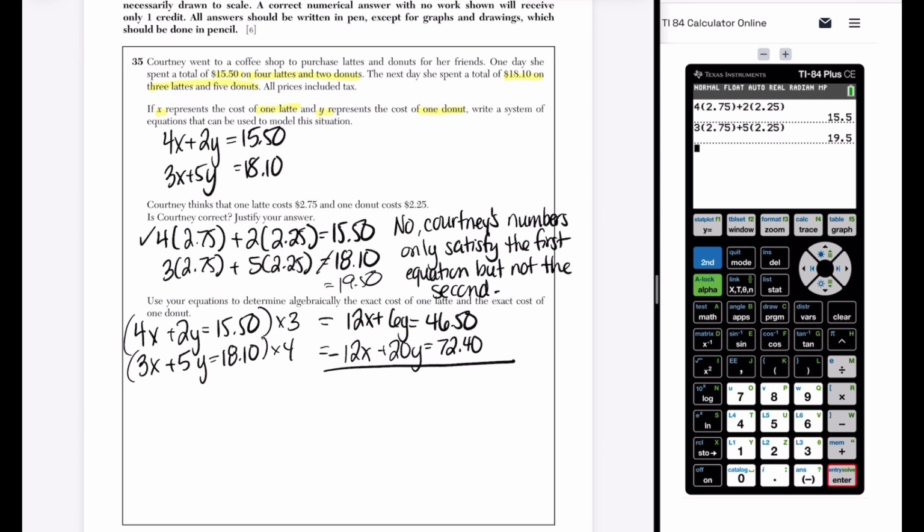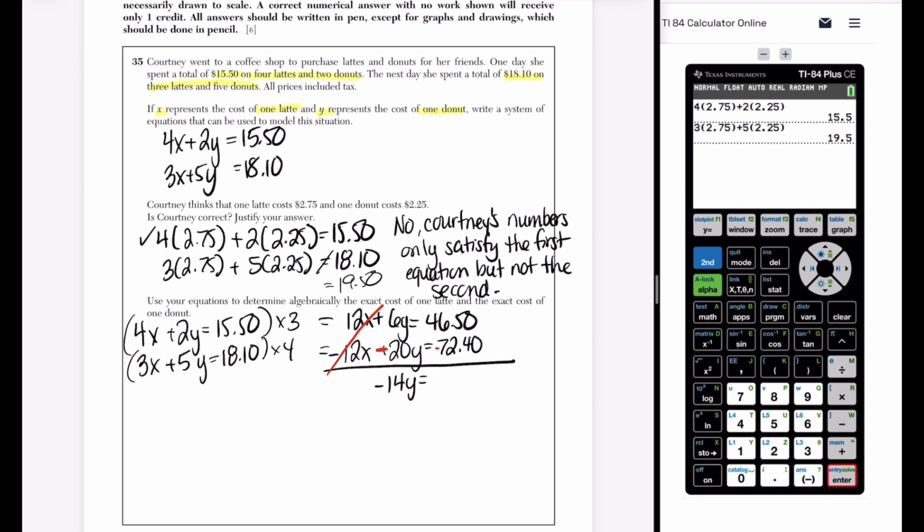And when I subtract, that's what I wanted. These eliminate. So negative 6 minus 20, I'm going to get negative 14y. And down here, again, this is going to be a negative sign because I'm subtracting it.